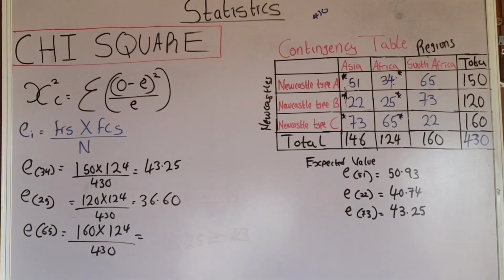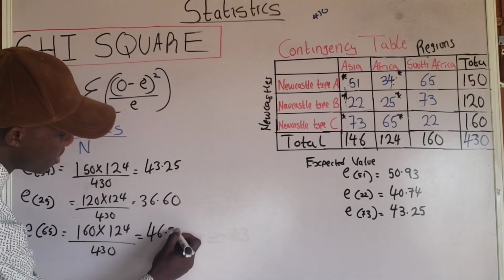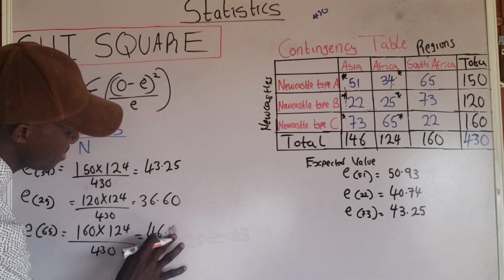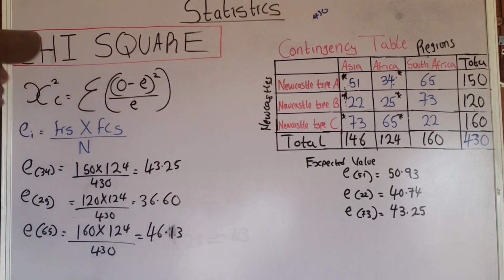Let me check. Yes, 46.13. So here I'm going to have 46.13. Please, do you understand what I'm doing? If you didn't understand, that means you are not paying attention. So the expected value for 65 is 46.13.